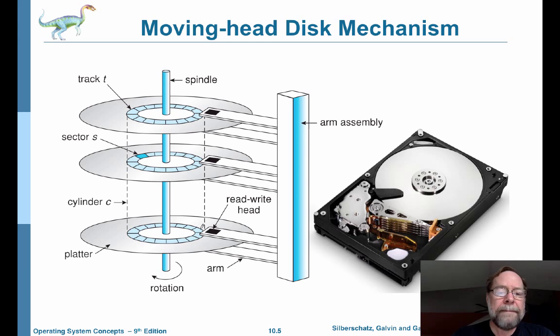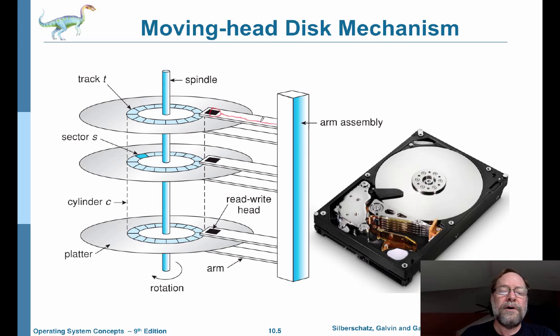The arm assembly there is where the head is. You can see these tong-like things poking out in the diagram here. These are the arms, and at the end of each arm is the head, which actually reads the magnetic material as it passes underneath.